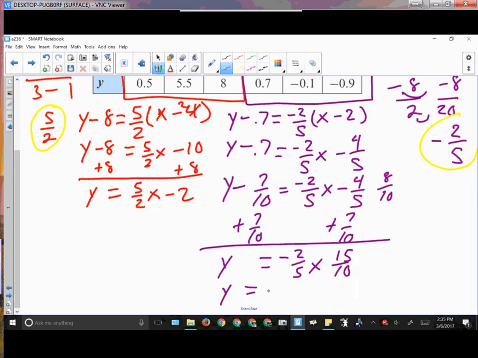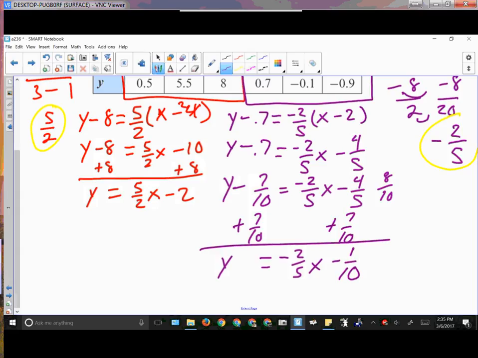Y is equal to negative 2/5 x. Ooh, did I screw up? What about my signs? Positive and negative. Terrible, terrible, terrible. Gotta watch those signs. Minus 1 over 10. So there we go.